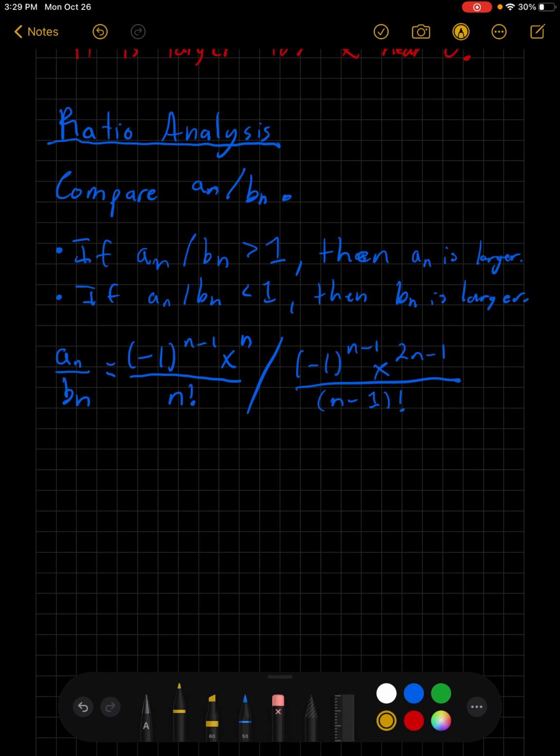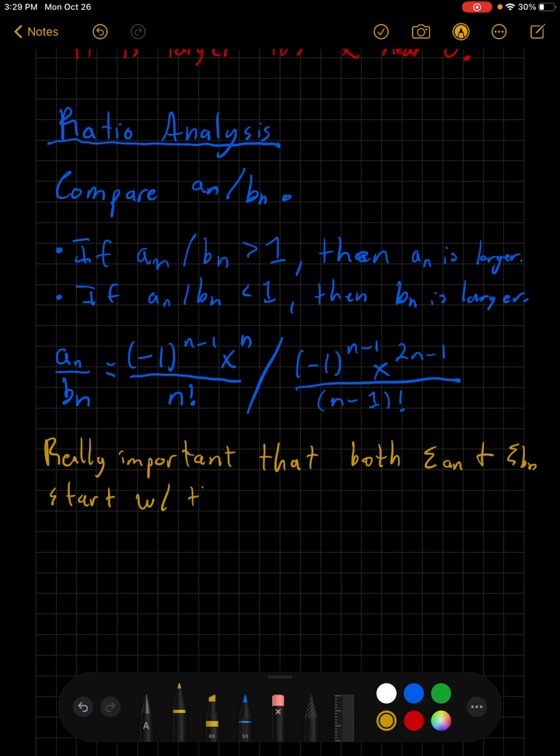It is really important that both the sum of a sub n and the sum of b sub n start with the same n value when analyzing the ratio.